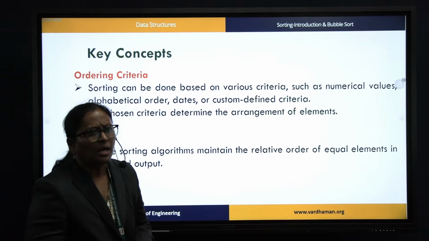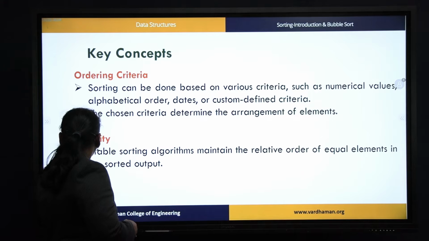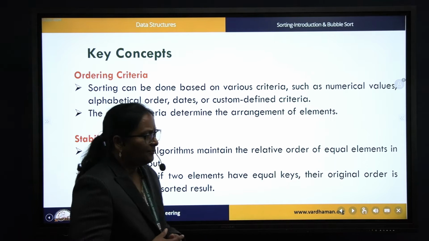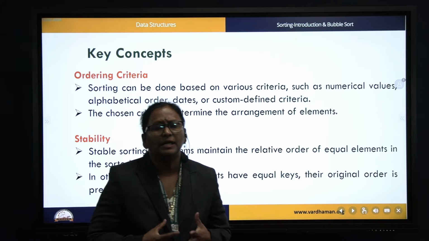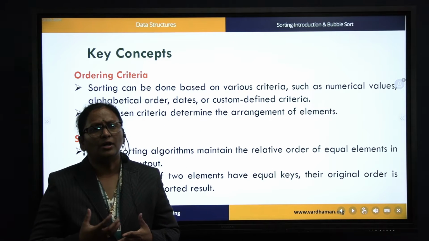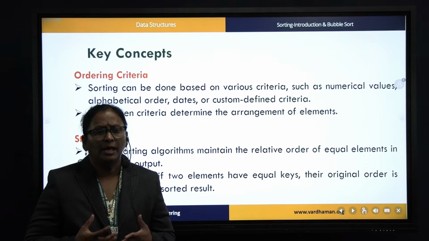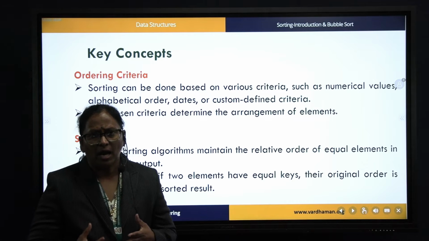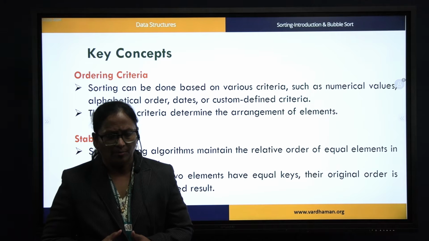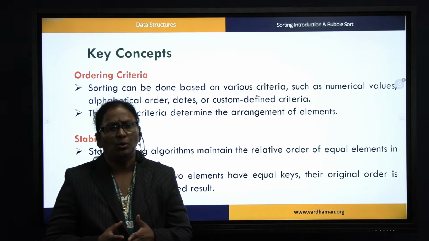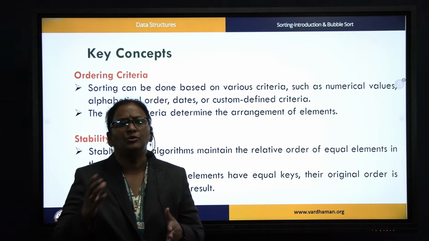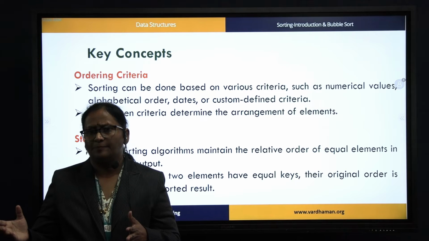Stability. What do you mean by stability while talking about sorting? Stability maintains the relative order. Again, what do you mean by relative order? Relative order means, for example, in a given data, we may have the same value in different places. For example, I have the element 2 in my data placed in position number 2, position number 5 and position number 10.